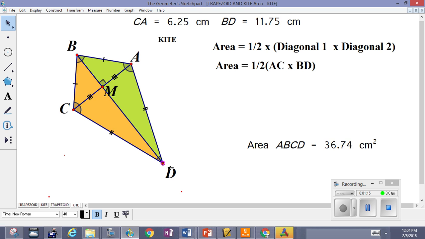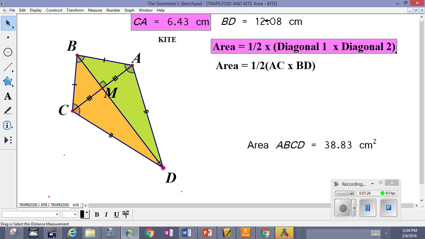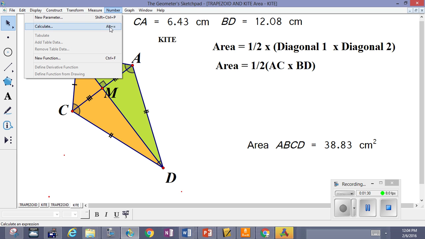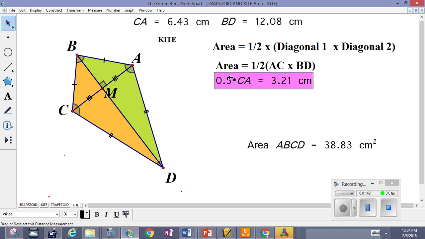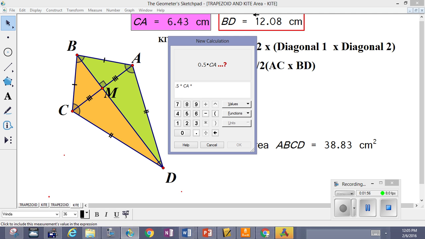Since I know my formula is half diagonal times diagonal, and I have my diagonal measurements up here, I'm going to go to the calculate menu and calculate 0.5, which is 1/2, times one diagonal times the other diagonal.